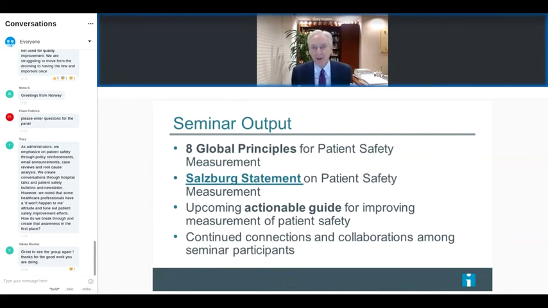When you get diversity of ideas and diversity of thought, it can keep you from making progress, or it can be leveraged to get a better quality outcome. And I believe that's what happened at Salzburg. We issued a Salzburg Statement on patient safety, which is available, and you can find links to both our global principles and the Salzburg Statement on the final slide of the slide deck.